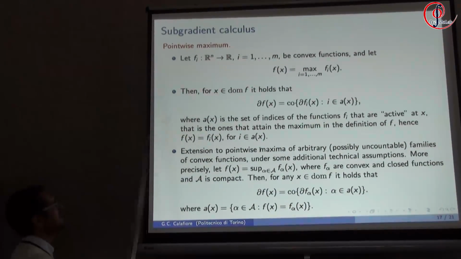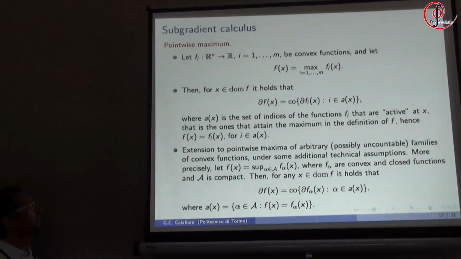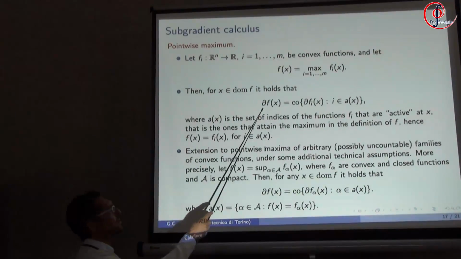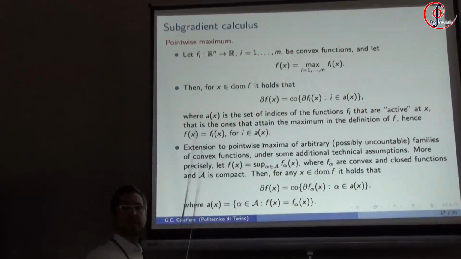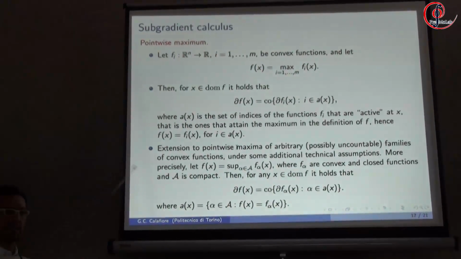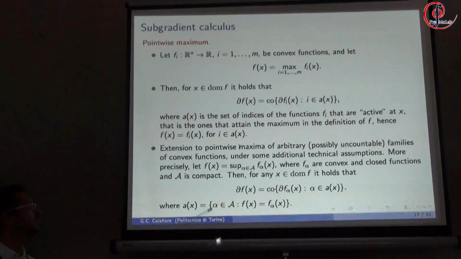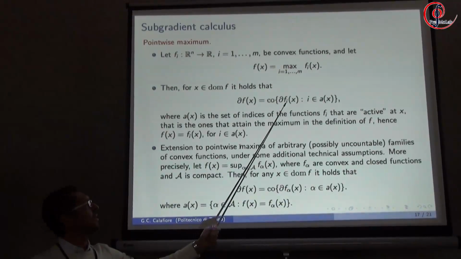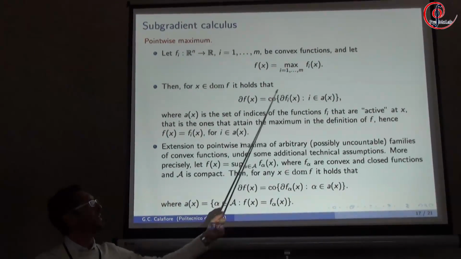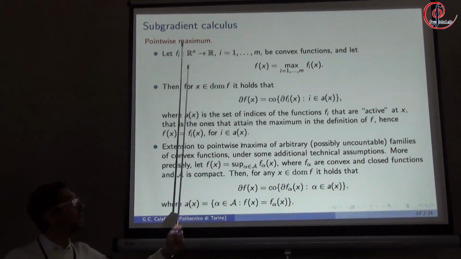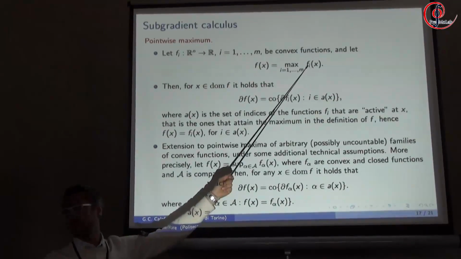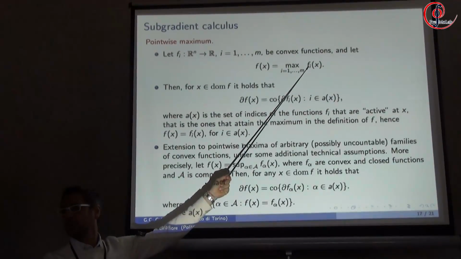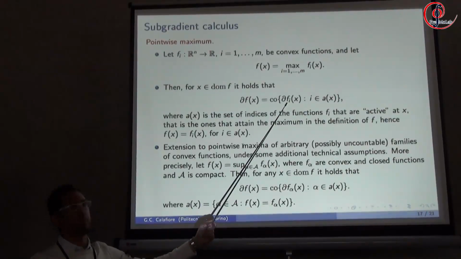And so the rule in this case is the following one. The subdifferential of f is the convex hull, the set of all possible convex combinations, of the subdifferentials of some of these functions. Not all of them are important, only some of them are important.